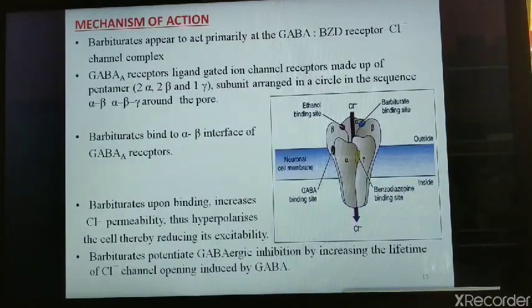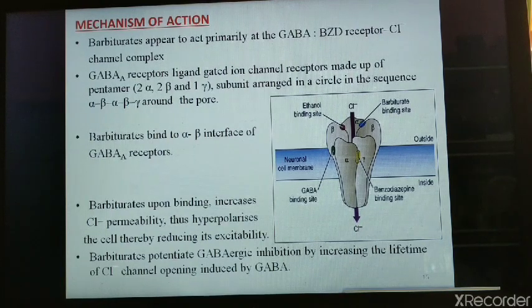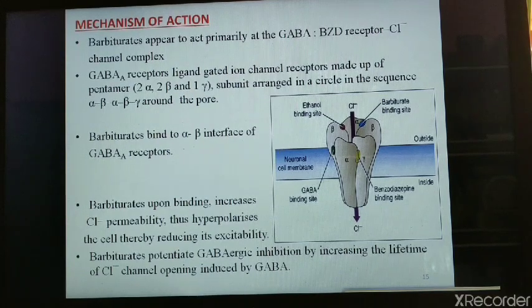Similar to benzodiazepines, barbiturates also act on GABA A receptors, which are ligand-gated ion channel receptors, pentameric in structure, consisting of 2 alpha, 2 beta and a gamma subunit arranged around the central pore in the specific sequence of alpha, beta, gamma.